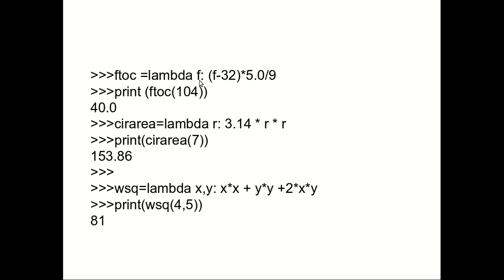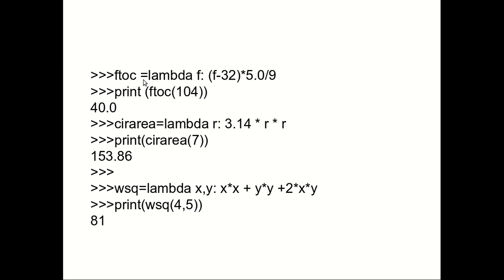It takes only one argument here, let's say F. Mostly we can use multiple arguments, and we'll see some examples. The Fahrenheit is converted into centigrade using this expression, which is well known to everybody: (F minus 32) into 5 by 9.